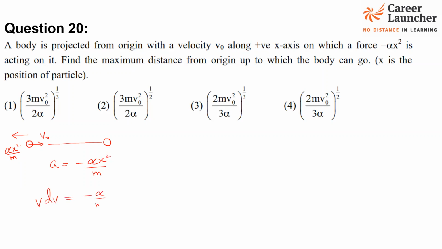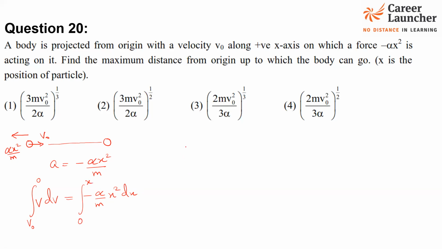So I can have it like this, right? v dv equals minus alpha by m x square dx. If I integrate within limits, the initial velocity was v naught, final is 0, and it was from origin to, let's say, distance x.